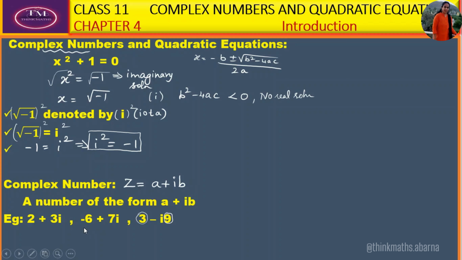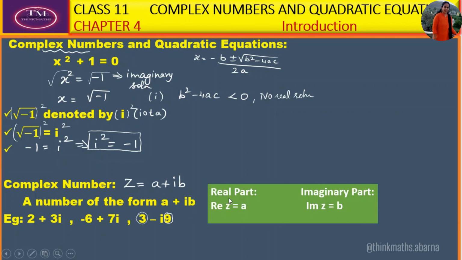Here also minus 6 is the real part and the coefficient of i, that is 7, is the imaginary part. So the real part of z is a and the imaginary part of z is b. Clear, children?